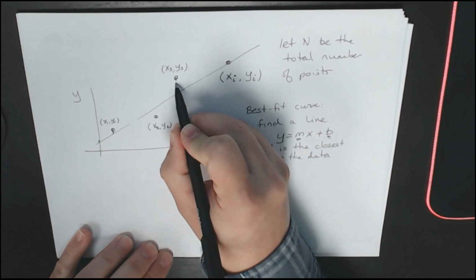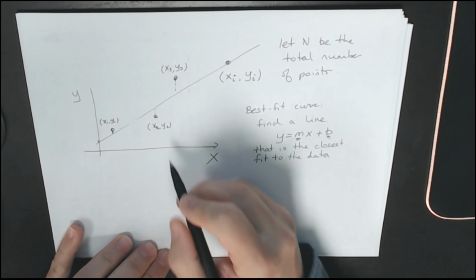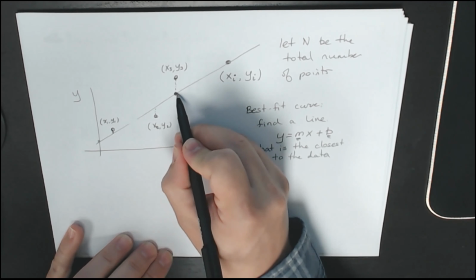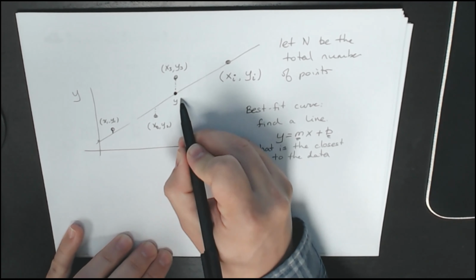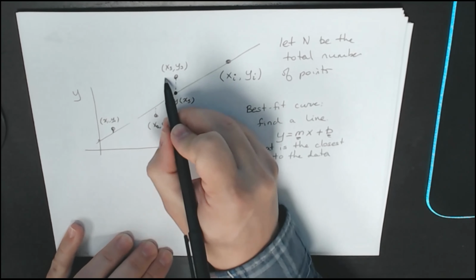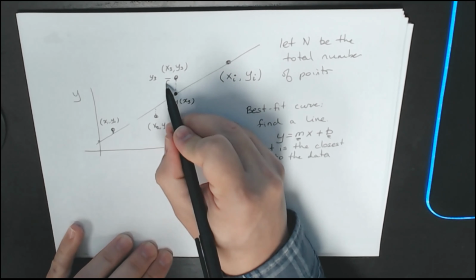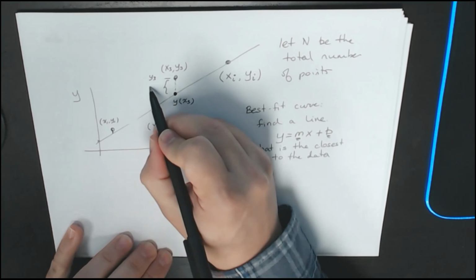If you think about this distance right here, from a point on the line up to where the point actually is, that interval is called a residual.